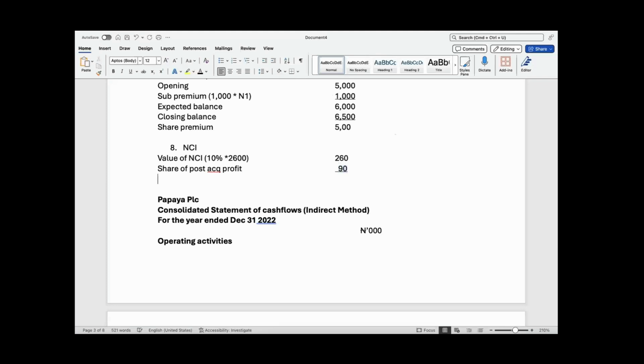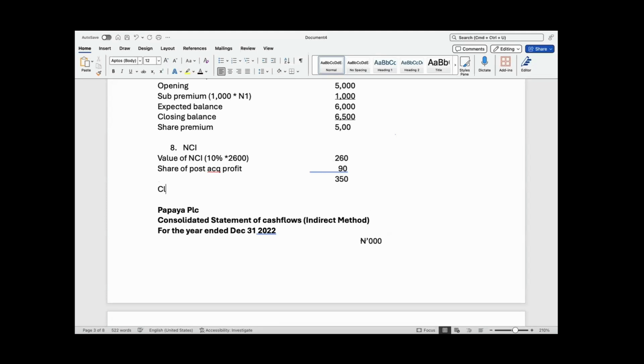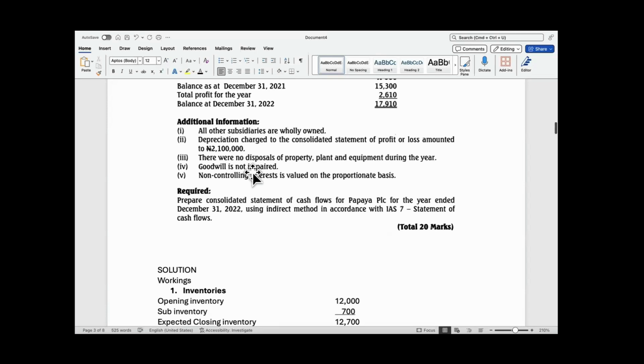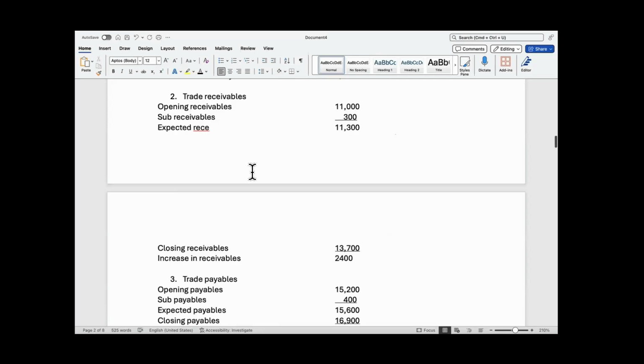The value at the end, 260 plus 90, is 350. But the closing NCI we had, why are we having 310? Paid dividend. That's correct.